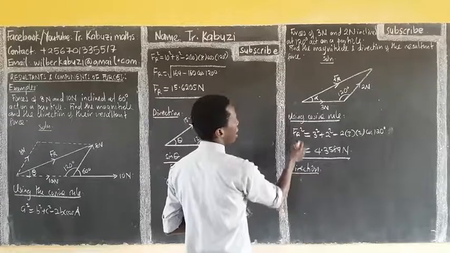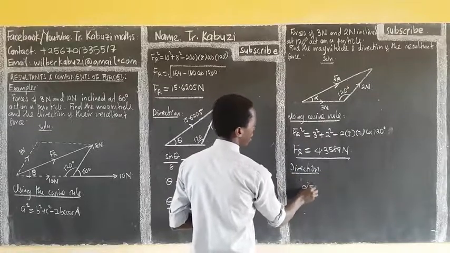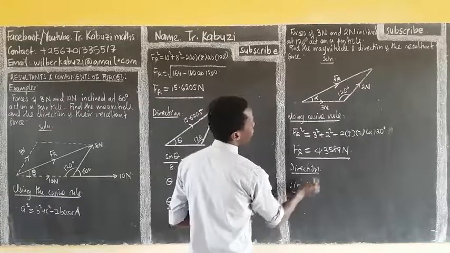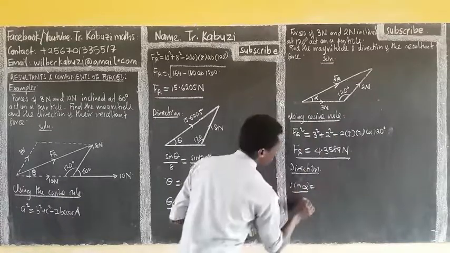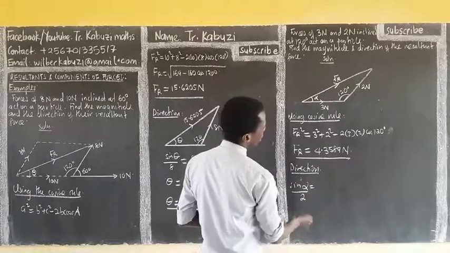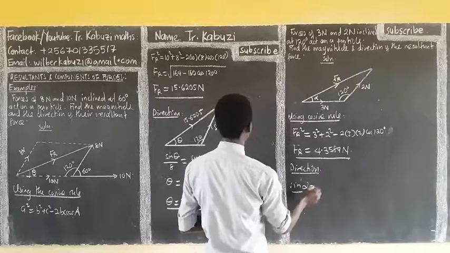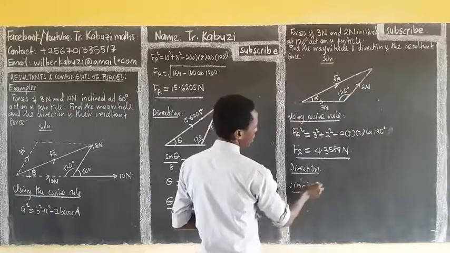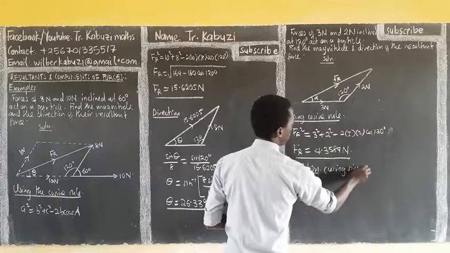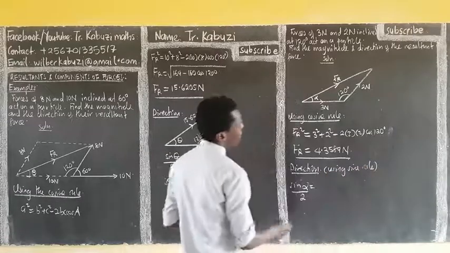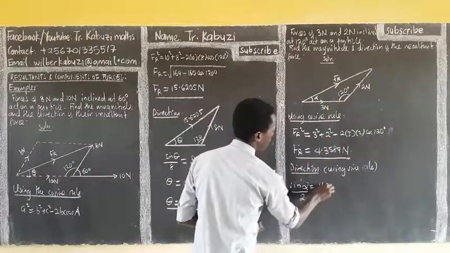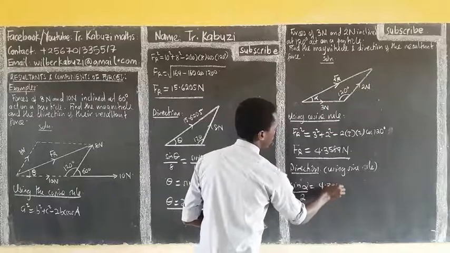So our direction is going to be alpha. We say sine alpha over the force opposite to it, which is 2, will be equal to our resultant, using the sine rule. Okay, here we are using the sine rule. So it's going to be equal to this, which is 4.3589.